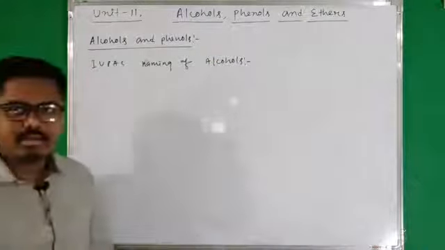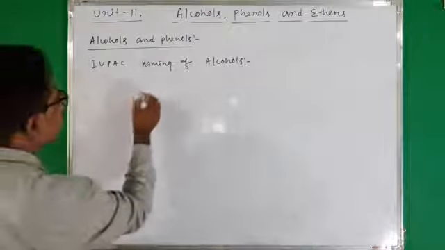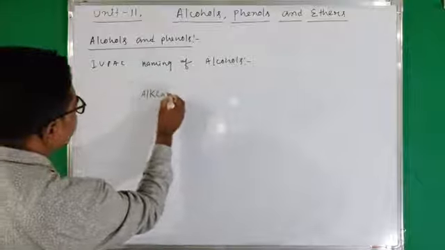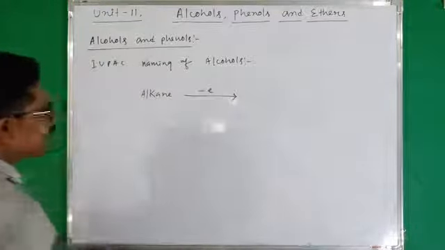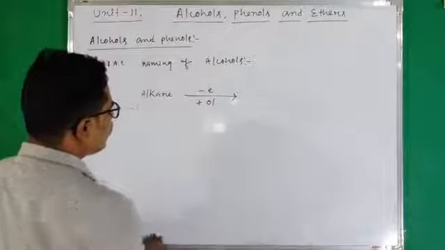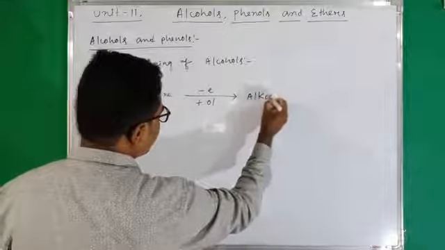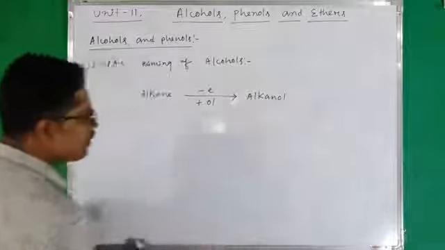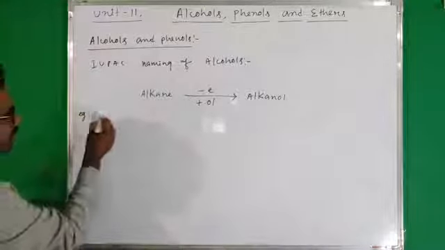To write the IUPAC name of alcohols, you have to remember that you just remove the last E of alkane and add OL. That means alkanol.